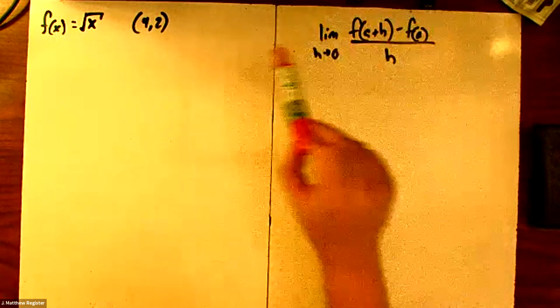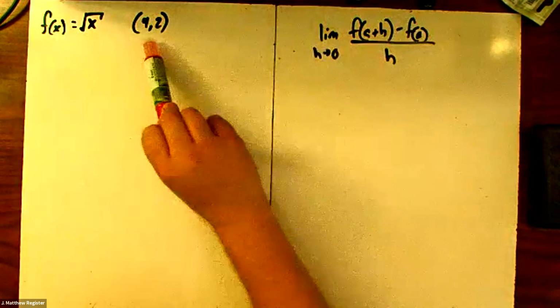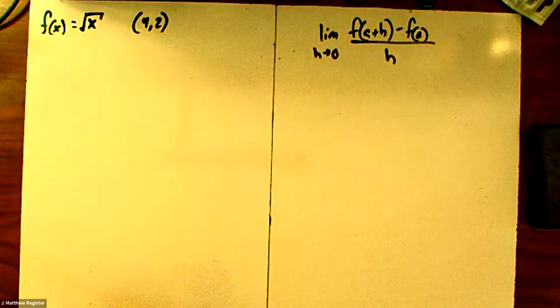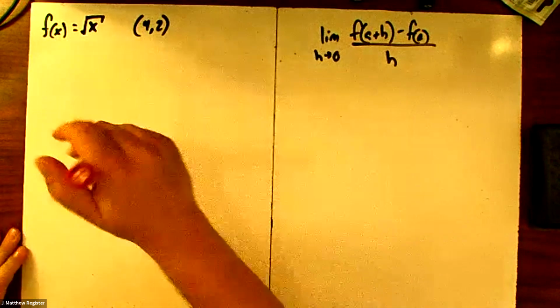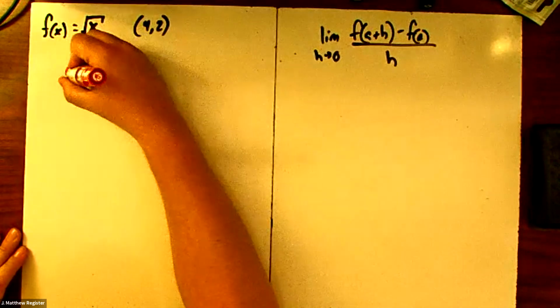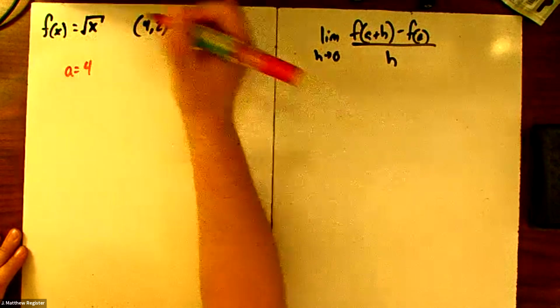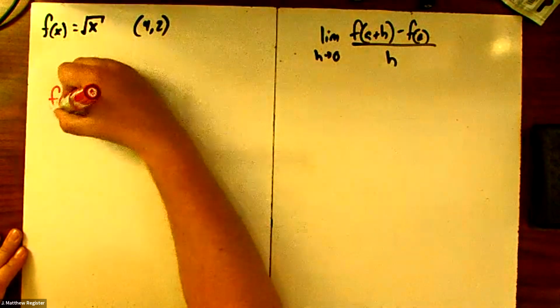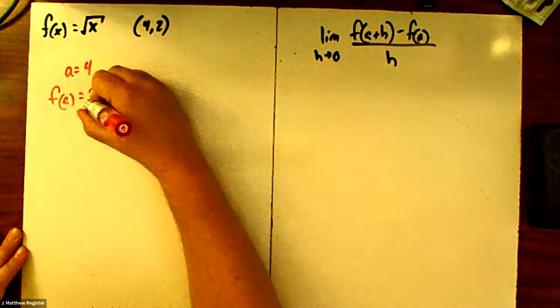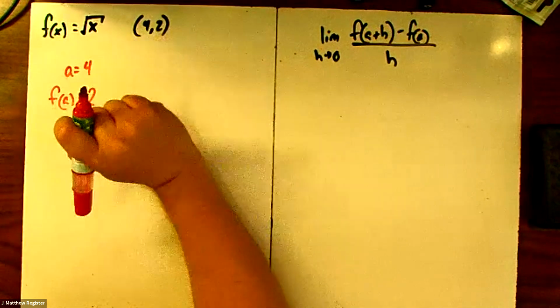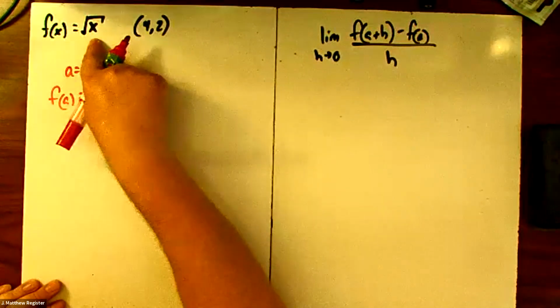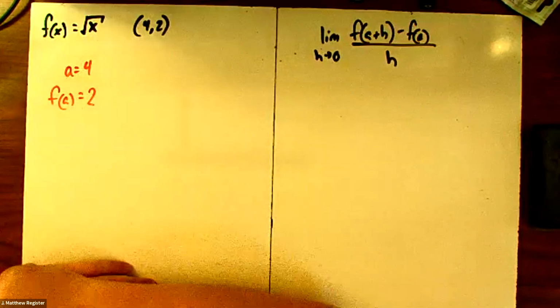And so let's see if we can figure out how to plug in this formula into this equation. And so we know a is 4. We know f of a is equal to 2, because that's actually given to us right here. That's the point. And we could also plug in 4 into this, get square root of 4 is 2.